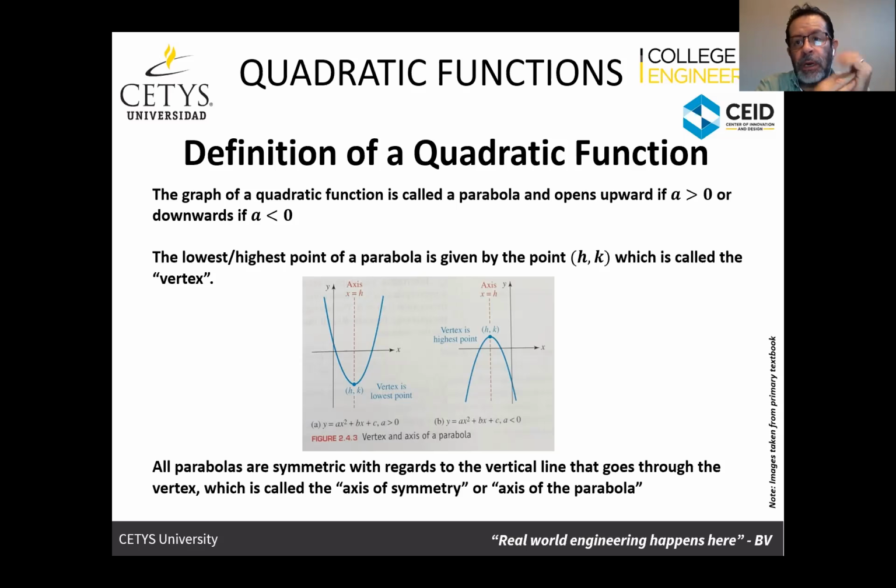For example, a parabolic antenna that's used to capture signals has that form for a reason. There are points that have to do with the vertex and the focal point, where if I bounce any signal or light source, they're going to join in one point, which is the focal point.